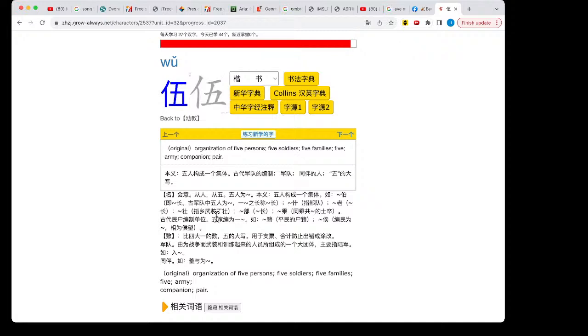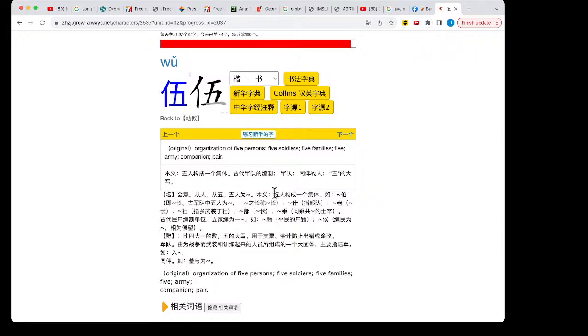And so from that they extended a few meanings. For example, it means companion, means pair, and also means army. So if you join the army, we say 入伍.